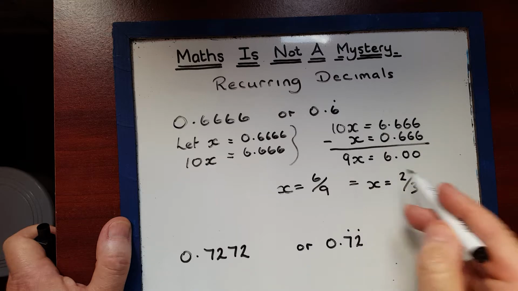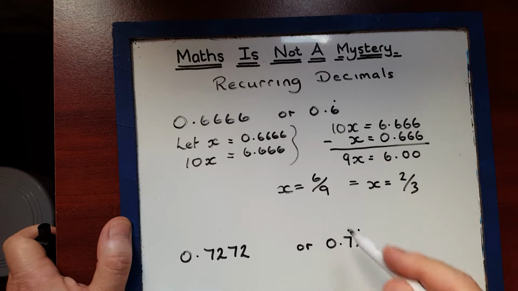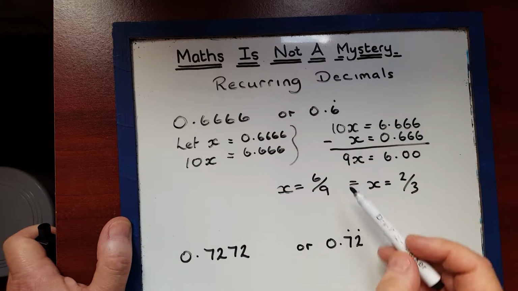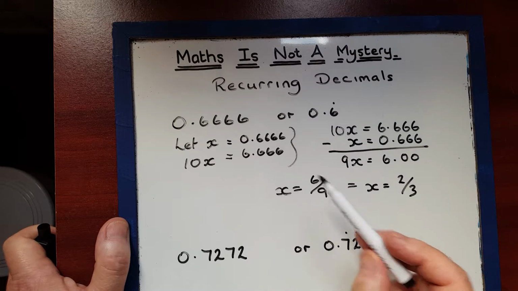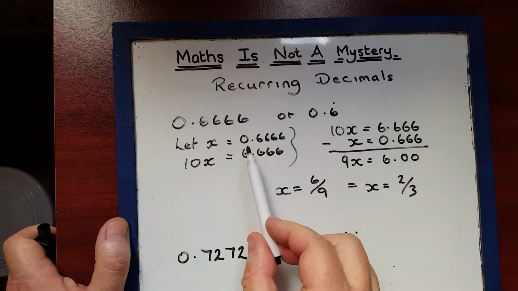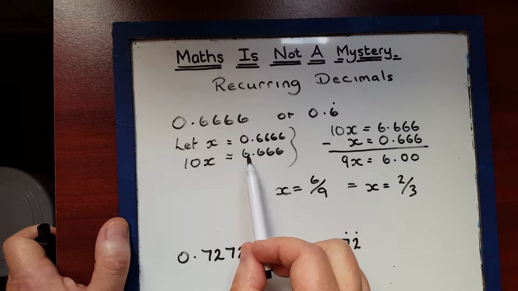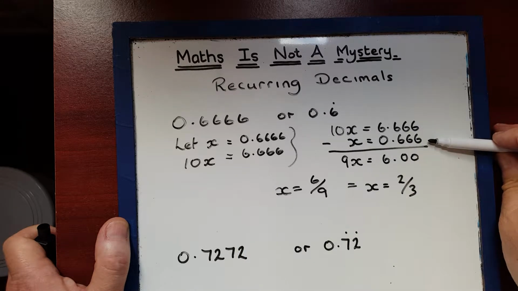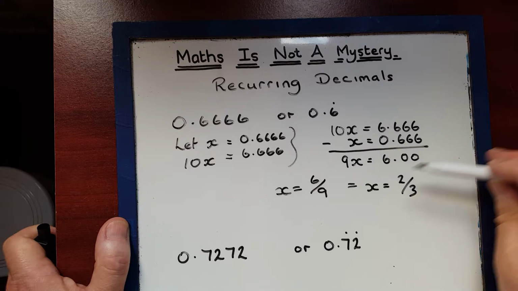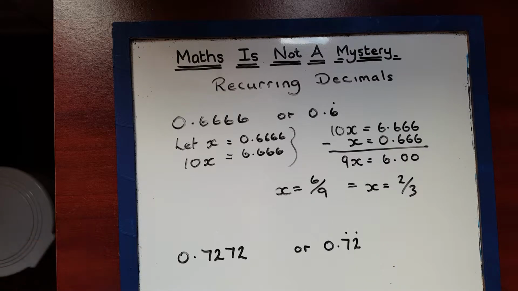Not going to concern ourselves too much with the simplifying because that's easy work. It's more really related to how we arrive at the thing that needs simplifying. Alright, so that's how we did that. We multiplied it by 10 so that we brought one of the 6s over the point, and then we did the 10x, take away the original 1x, and then we just come to a division.